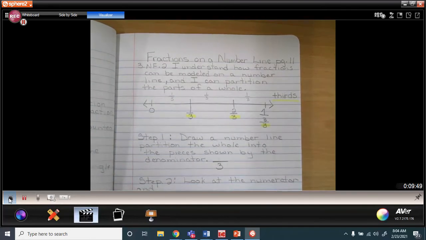And count the parts. Or in this case, count the thirds. Look at the numerator and count the pieces that show the numerator.